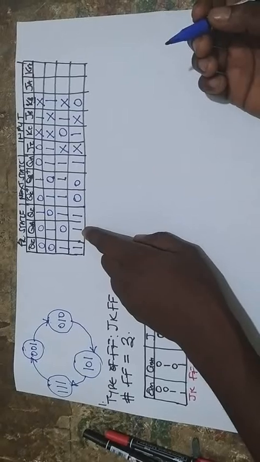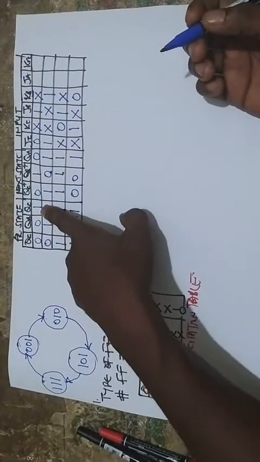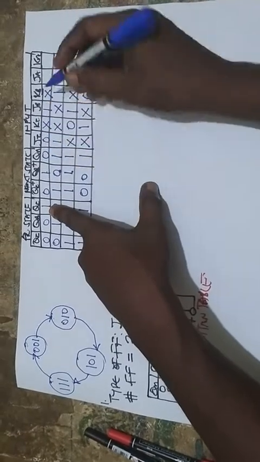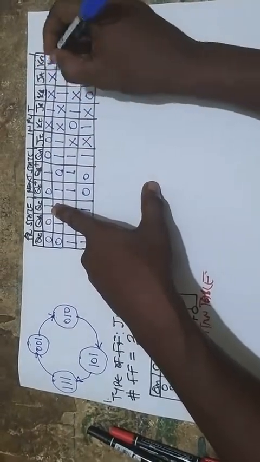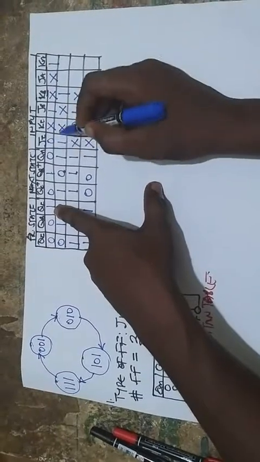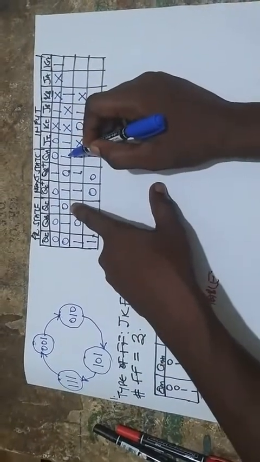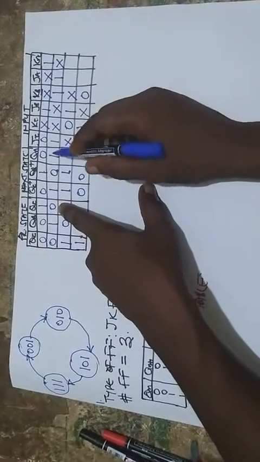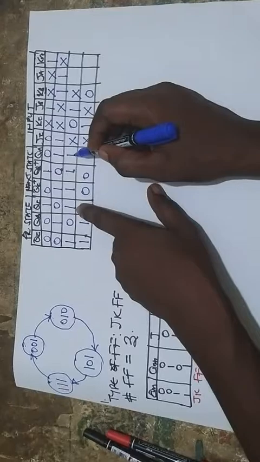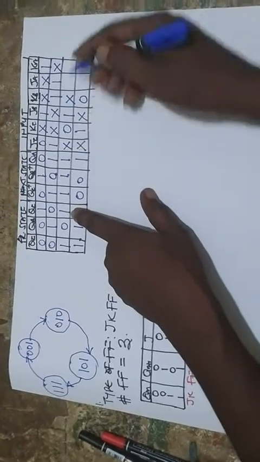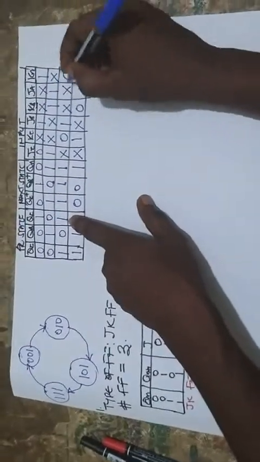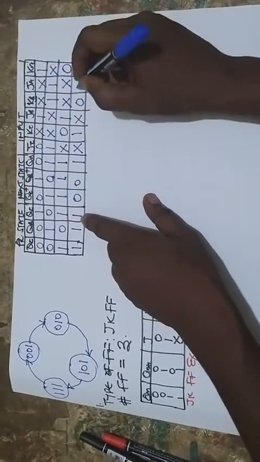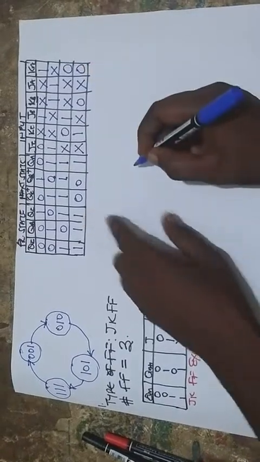Then we do it for the next one. So 10 is don't care 1. 01 is 1, don't care. 11 is don't care 0. And finally 11 is don't care 0.